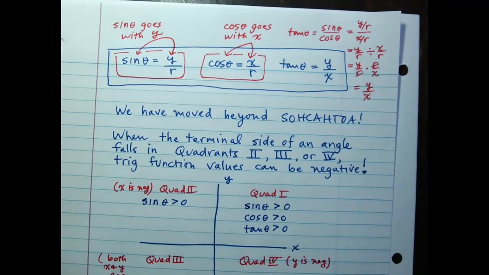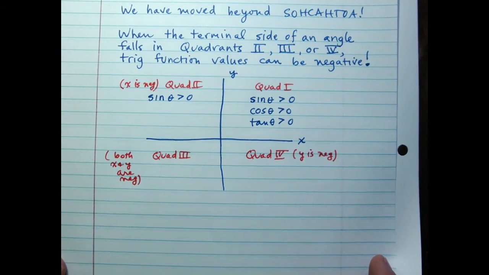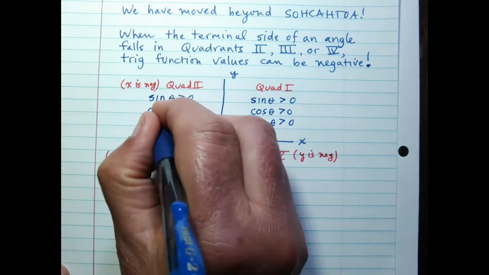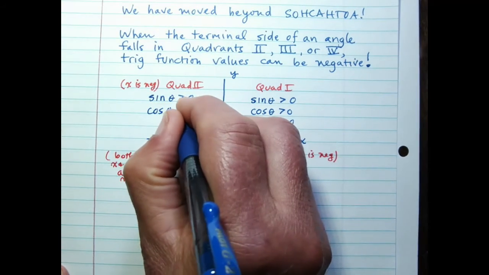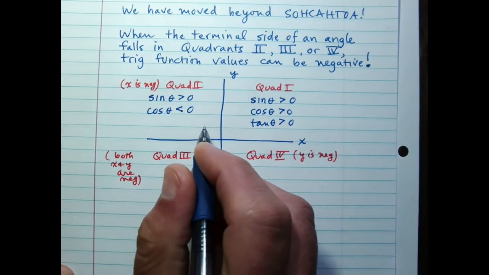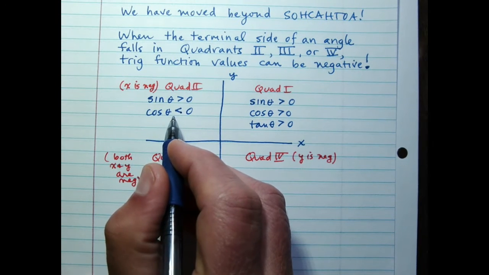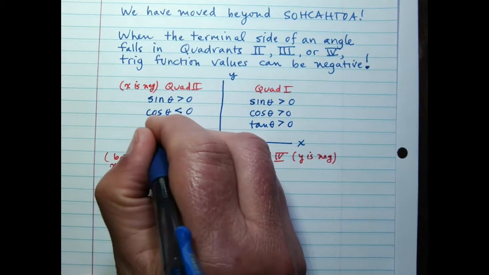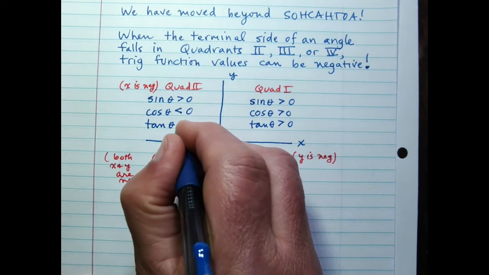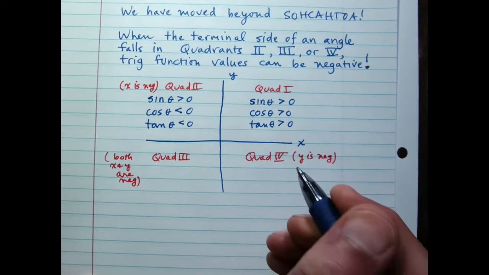R will not affect the positive or negativeness because r is always positive. The x and y coordinates do. Cosine in quadrant 2, though, is always negative because the cosine is the x-coordinate over the radius, and the x-coordinate's negative in quadrant 2. Tangent in quadrant 2 is always negative because it's sine divided by cosine, a positive divided by a negative.